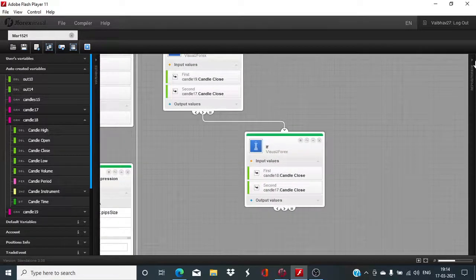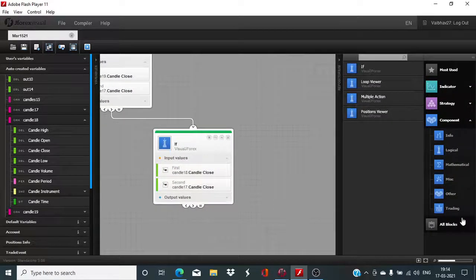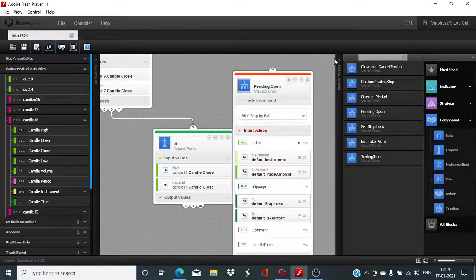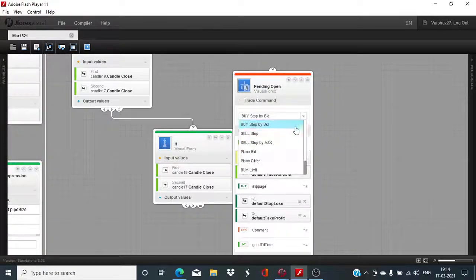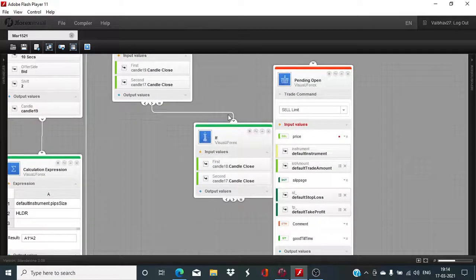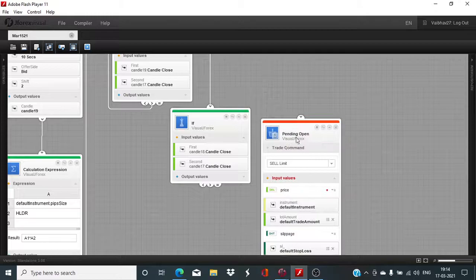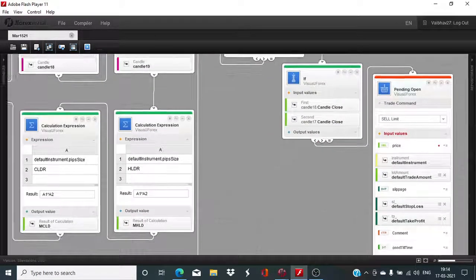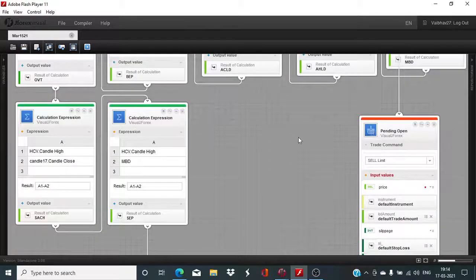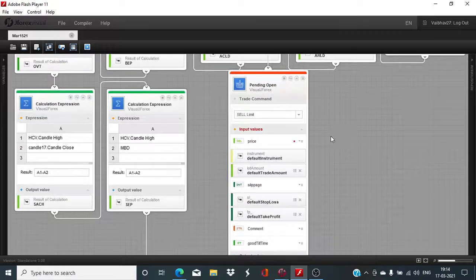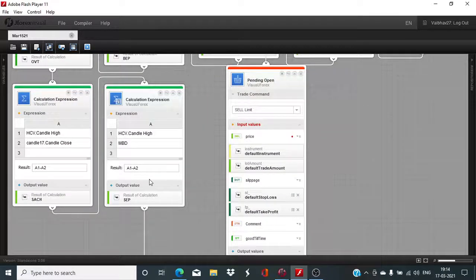Okay, so now we take pending open, and this will be a limit order, sell limit. Its sell price we have already calculated, which is going to be 7 pips below the candle high.